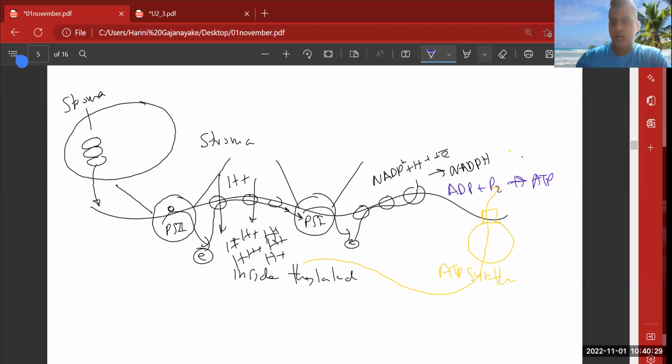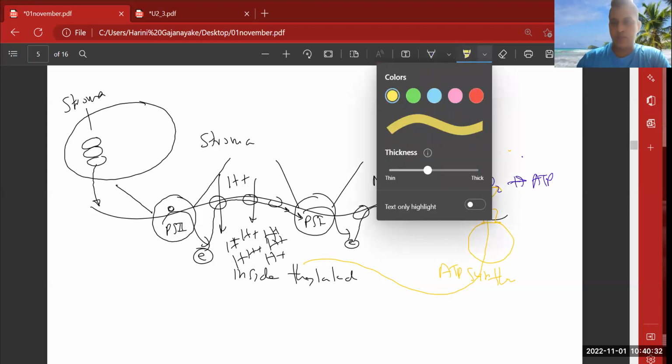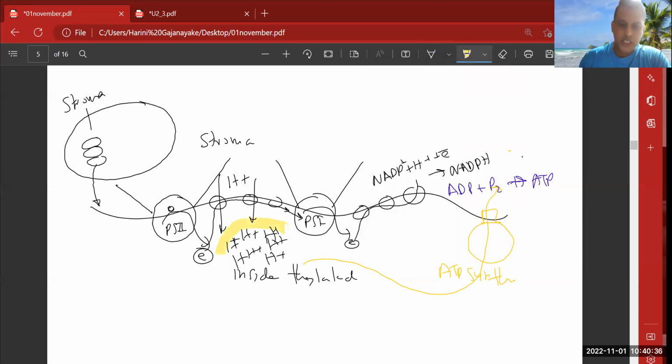Okay, what is important now from this light dependent reaction to us? There is a hydrogen ion gradient created, high here and low on this side. And the energy of the electrons is used to pump hydrogen ion in.